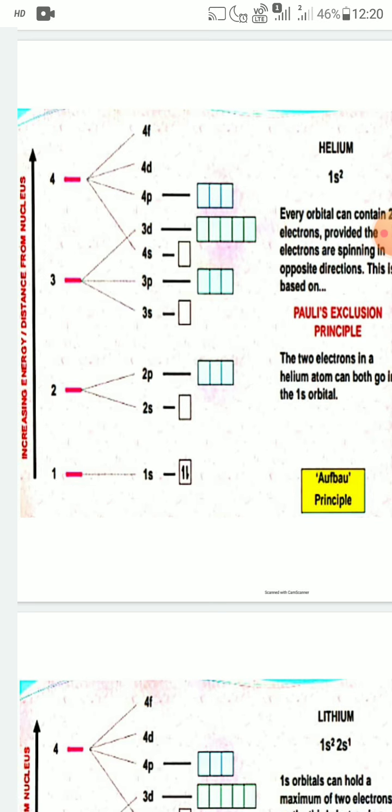Okay, and don't give any comma between two subshells or two orbitals. Okay, so electronic configuration of helium becomes 1s2.